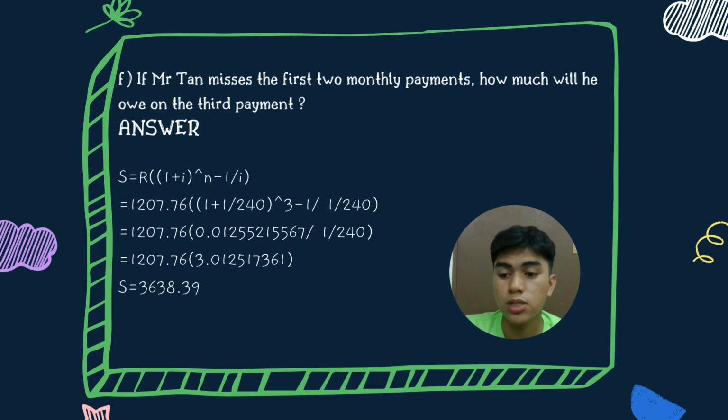After that, we will solve the question in the bracket. So we will get 3.0125136, then times it with 1,207.76. The last answer for S will be RM 3,638.39.